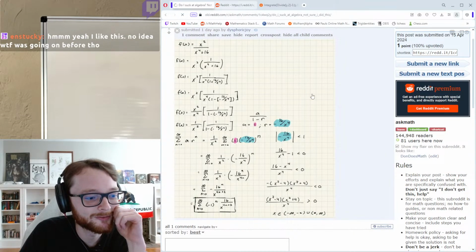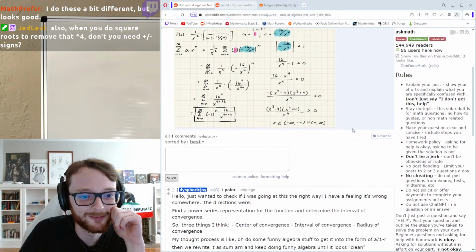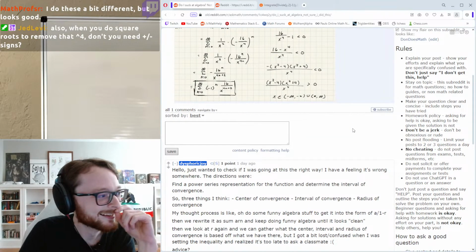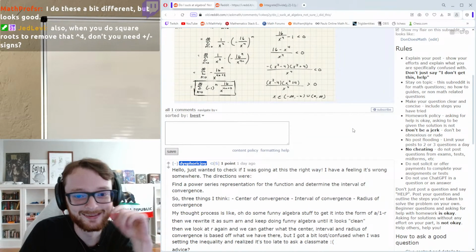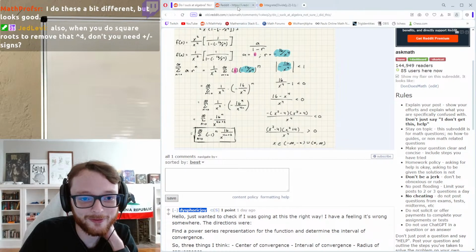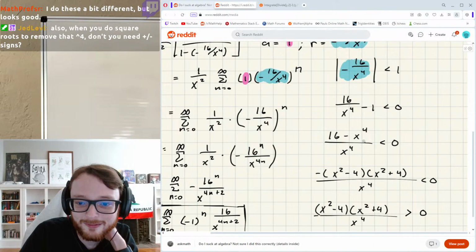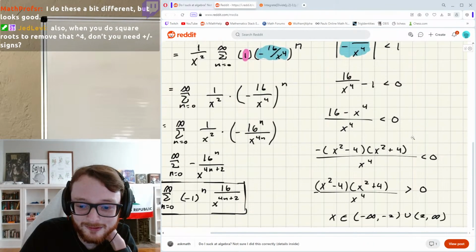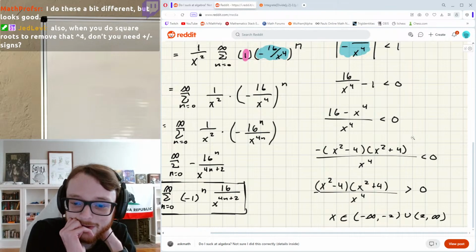If there's a better way to do this, math professor, I would love to hear it, because this was so unintuitive to me. Okay, actually, what is it? Because this person's work makes no sense to me.